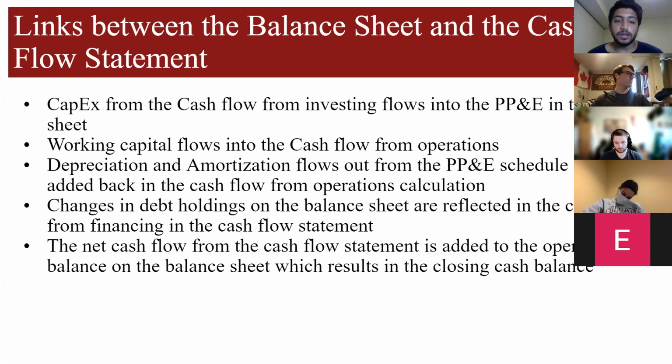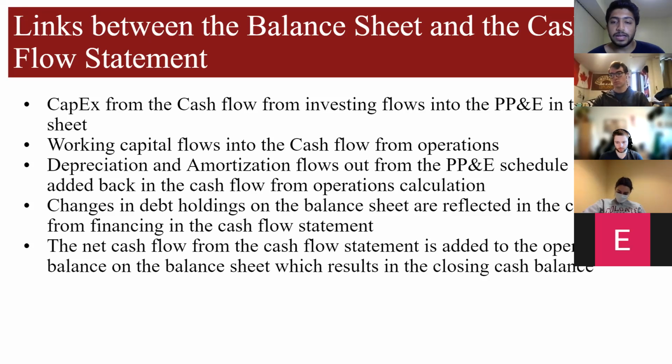For example, a factory is non-liquid because it is very hard to turn that into cash in the short term. Inventory is more liquid because it is easier to sell off inventory and turn that into cash. So liquidity is just a measure of how easy it is for you to access cash. So working capital is accounts receivable plus inventory minus accounts payable.